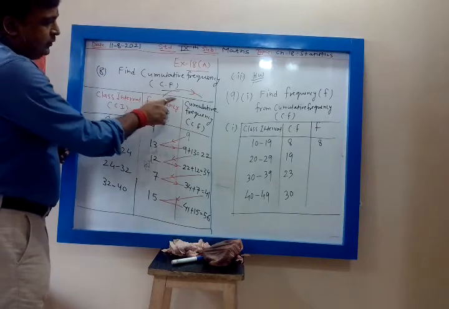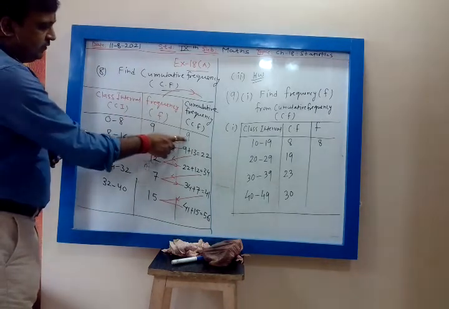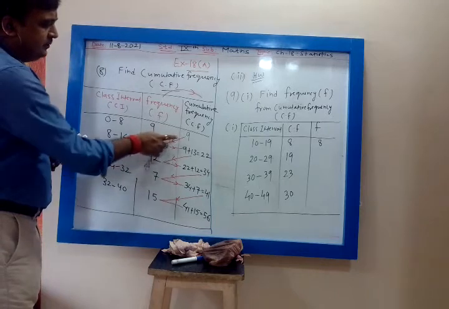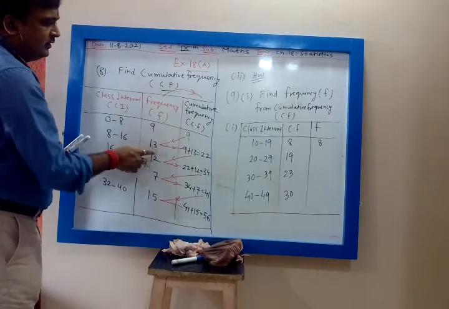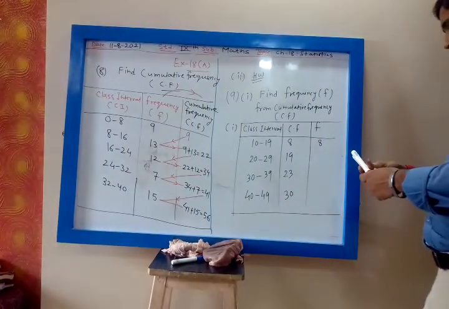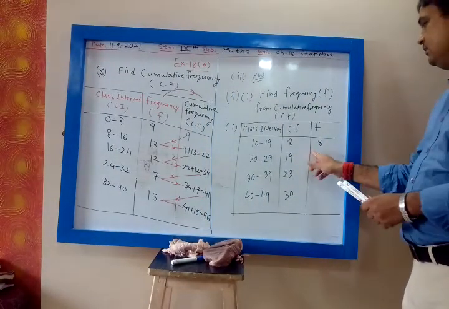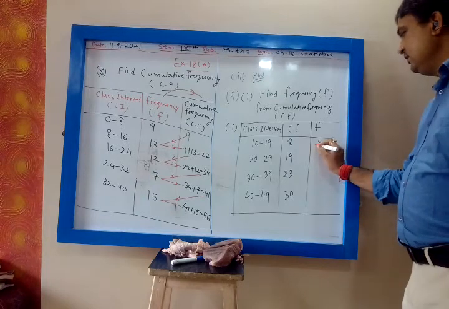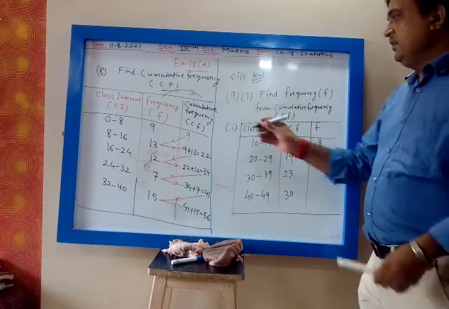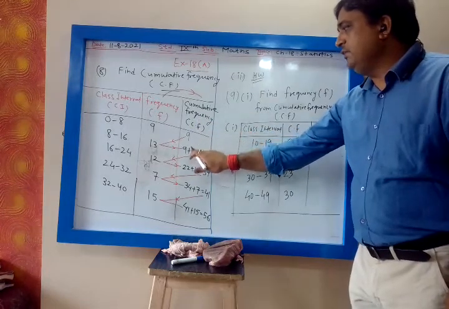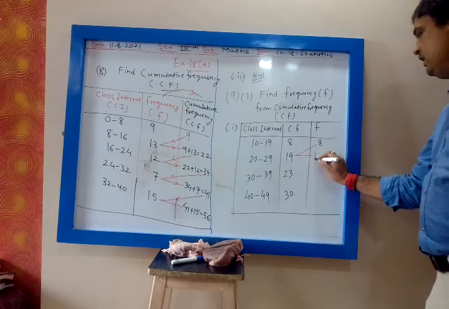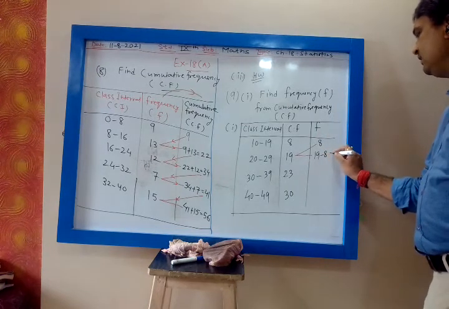From frequency to CF, we add, yes or no? We add 13 plus 9. But from CF to frequency, you have to subtract. So 19 minus 8, that is 11.